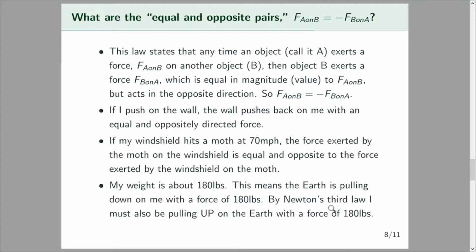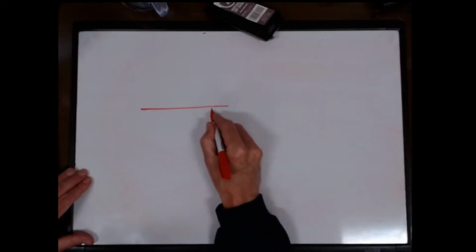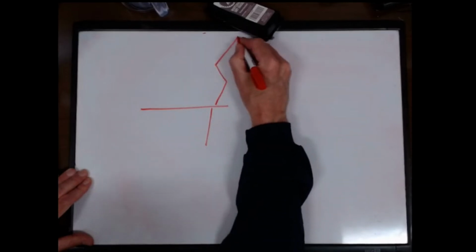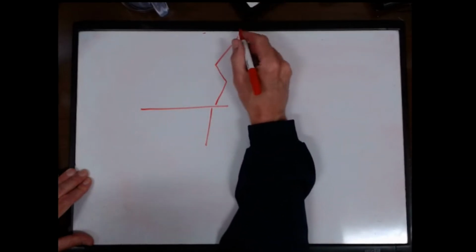So in the last example here, it says my weight is about 180 pounds. This means the Earth is pulling down on me with a force of 180 pounds. By Newton's third law, I must also be pulling up on the Earth with a force of 180 pounds, right? And so let me just draw this for a second here. So if I have a table here, and I'm standing on it, I have to draw a person standing on a table.